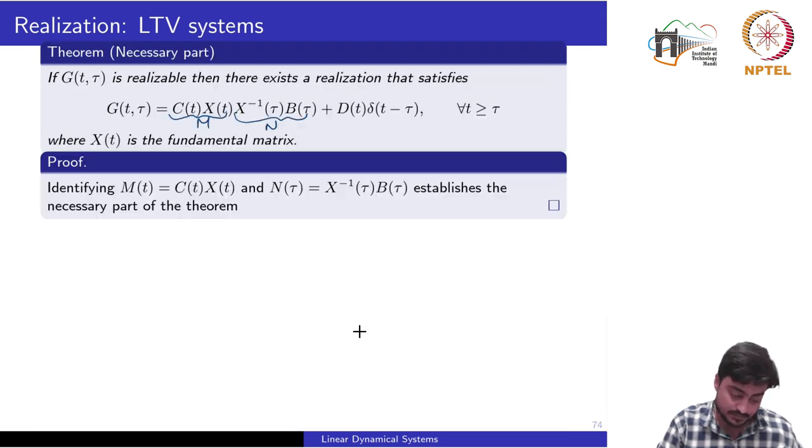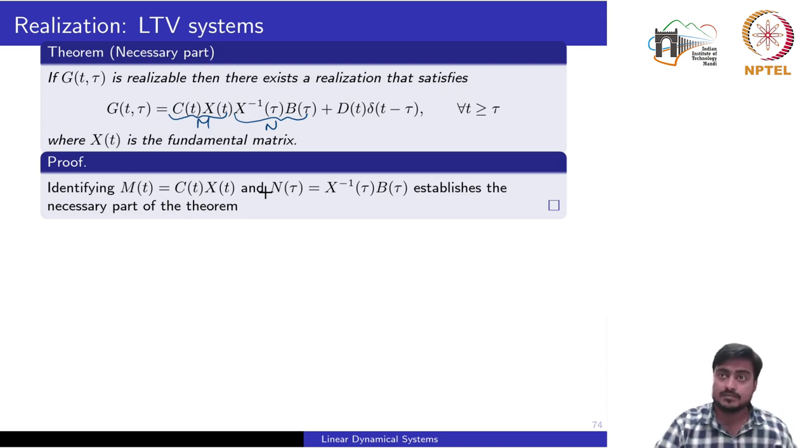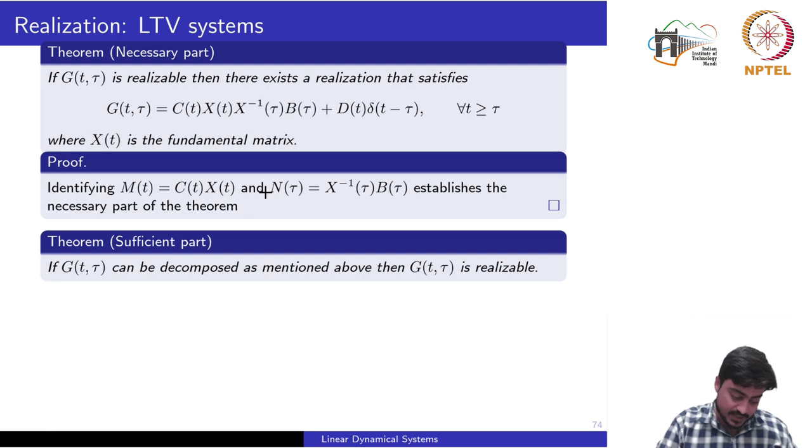Okay, so M(t) and N(tau), we can replace this and this, and they satisfy the necessary part of the theorem. Okay, the sufficiency part, that if the impulse response matrix is decomposed as mentioned above, then it is realizable.